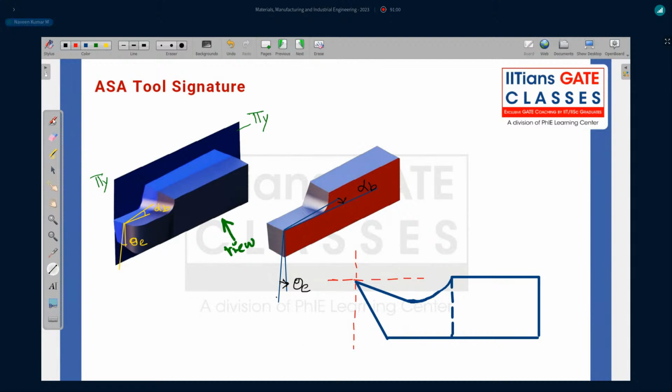Okay. So this is the angle here. Inside, you're going inside. Alpha b. Inside, you're going inside. This is theta e. Hope now this is clear. Whatever I'm just making it. You're looking in this view, this view, this view. Right?